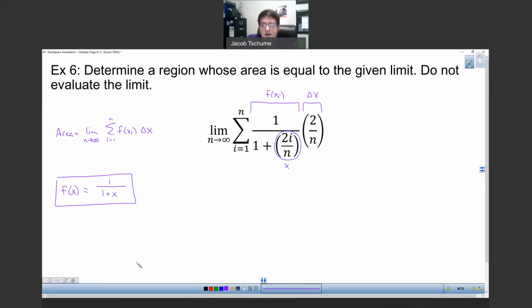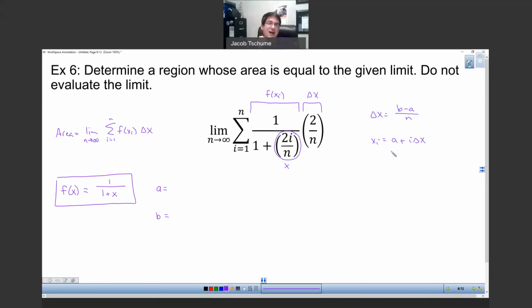All right. And now you have to find your a and your b value. So a is going to equal something, and b is going to equal something. Now remember, you have two formulas that you remember. Delta x is b minus a over n, and x sub i is a plus i delta x.